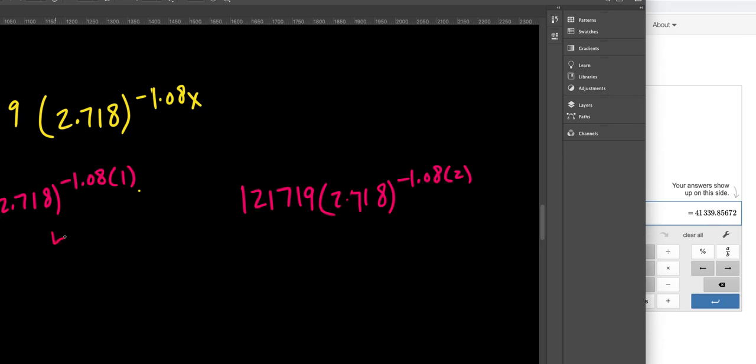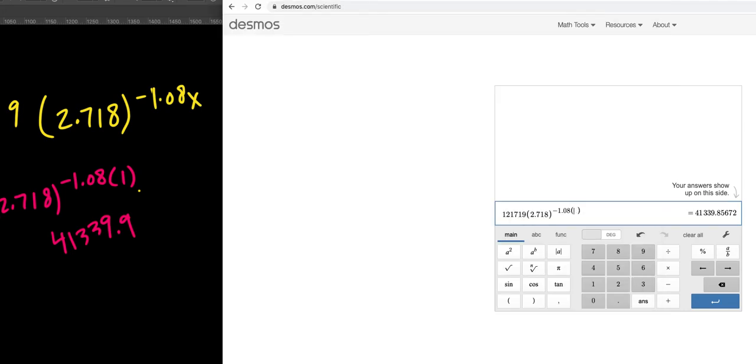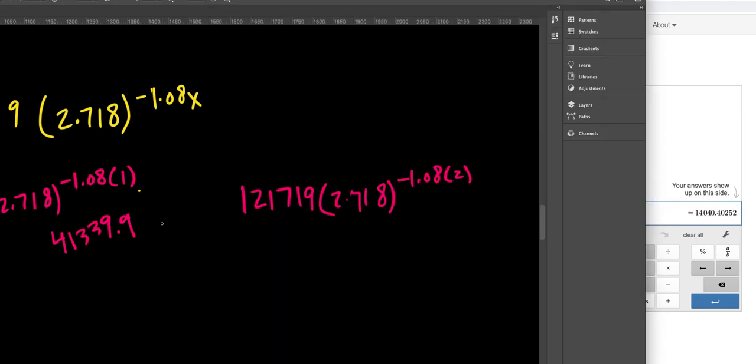So when we plug in the 1, it's 41339.9. Then we just go back to the calculator, change that 1 to a 2. That gives us our other answer, 14040.4. And then we take the answer when you plugged in the 2 and divide it by the answer when you plugged in the 1.